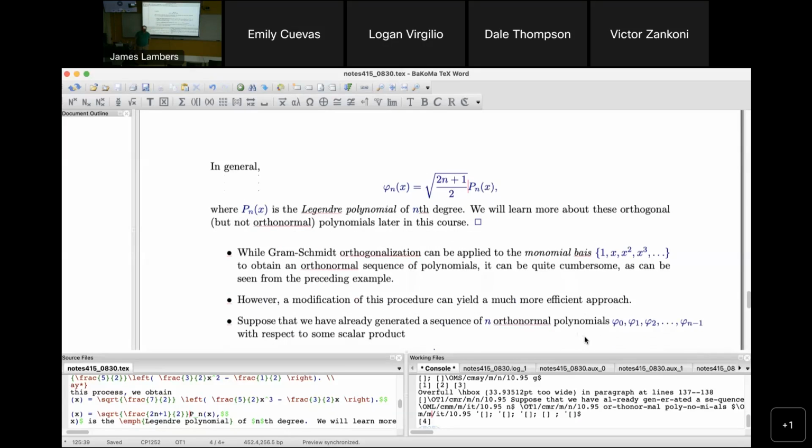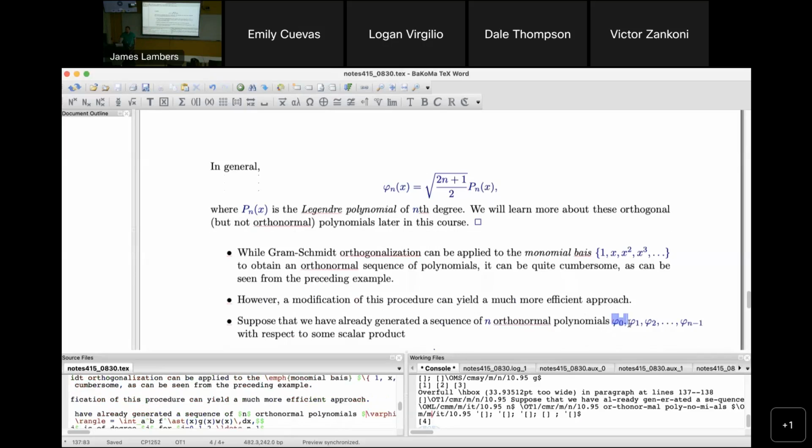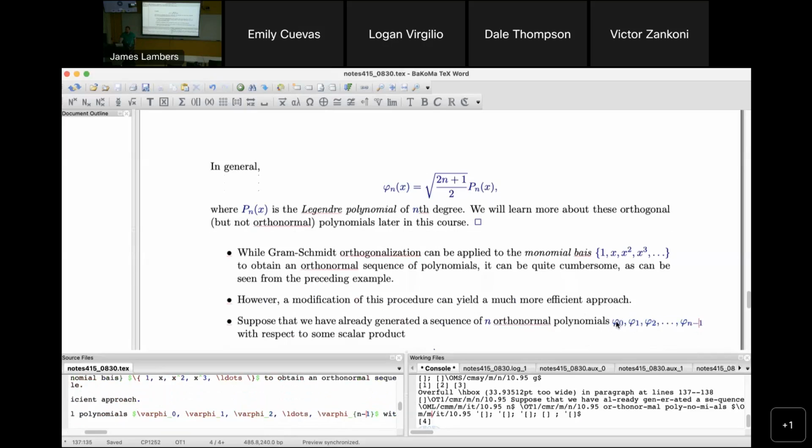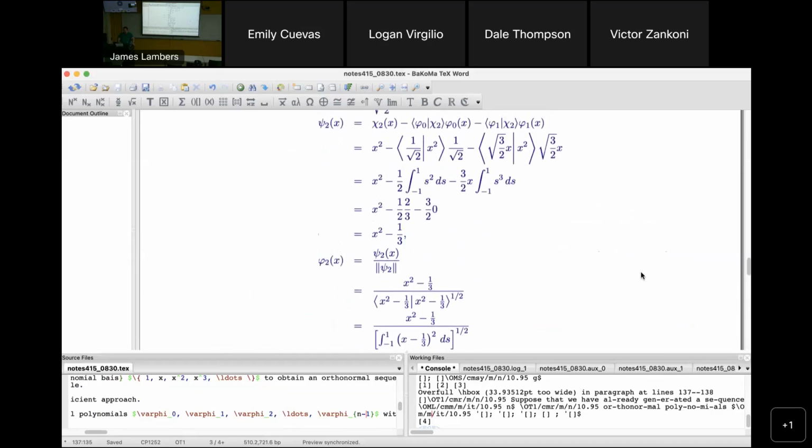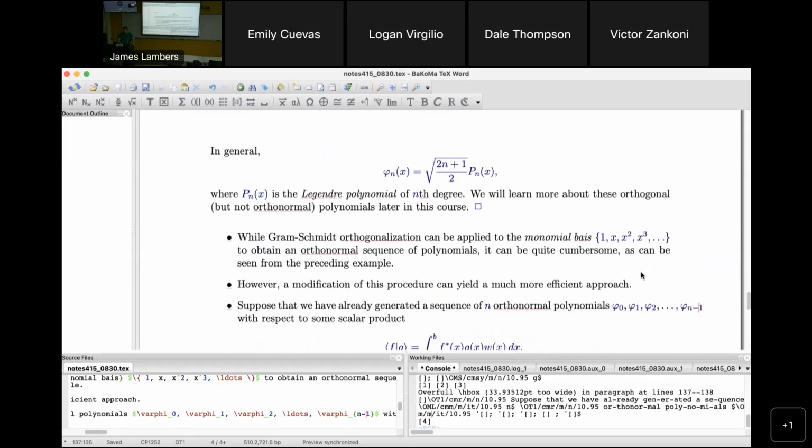I'm going to describe it basically using an induction-like process. Assume that you've generated a set of polynomials of degree up to n minus 1 that are already orthonormal, and you want to generate the next one. If you do it using Gram-Schmidt, you're going to subtract off n terms.